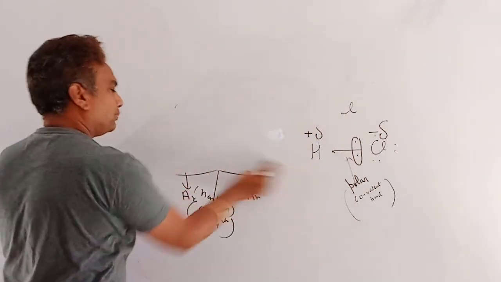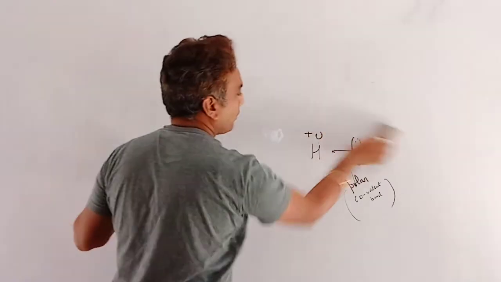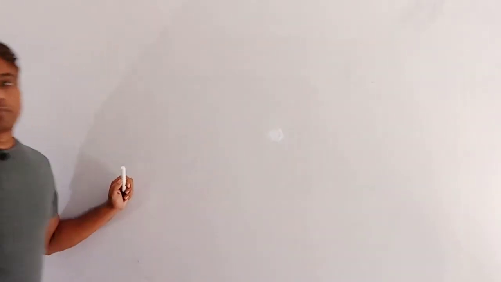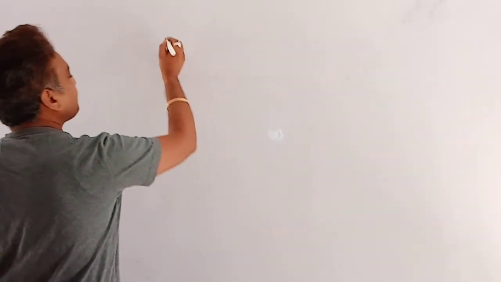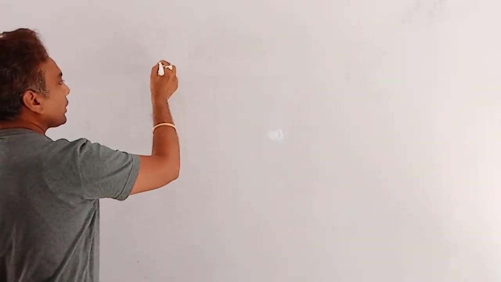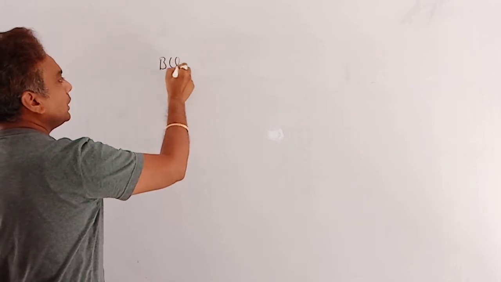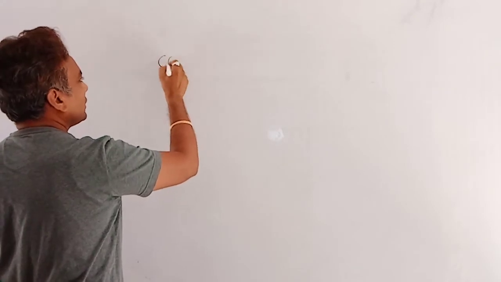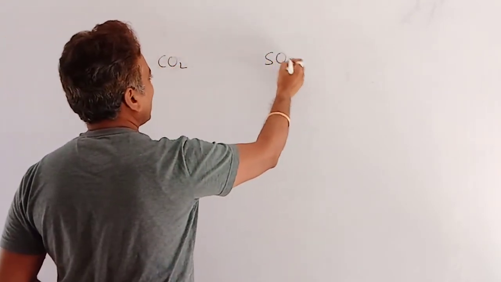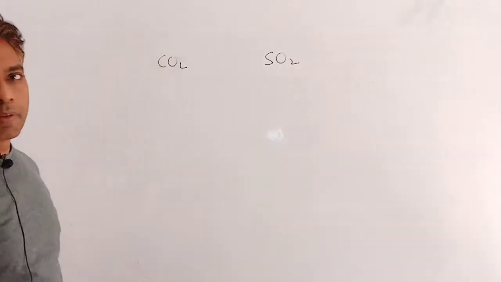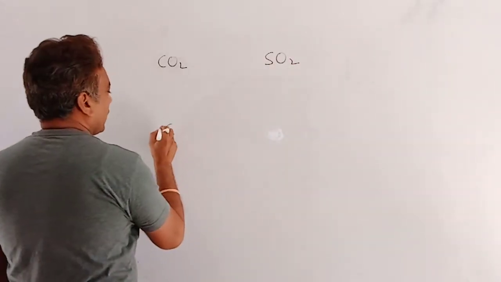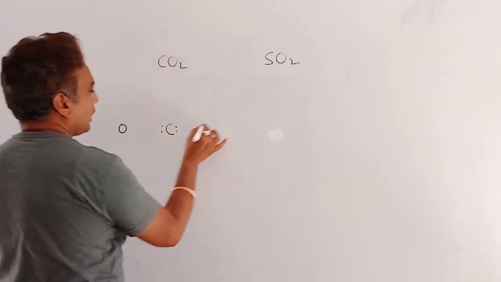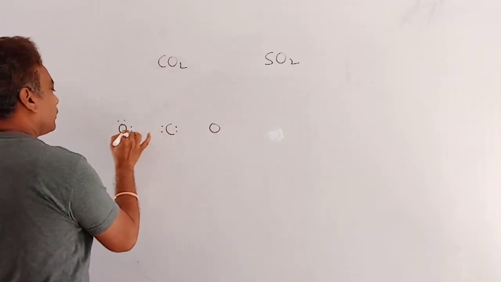So here is the polar as well as non-polar. Suppose we have examples of polar covalent bond, like BCl3 or NCl3, or a simple example like CO2 as well as SO2. Clear? Carbon contains 4 electrons in the outermost shell, and here is oxygen, which contains 1, 2, 3, 4, 5, 6.